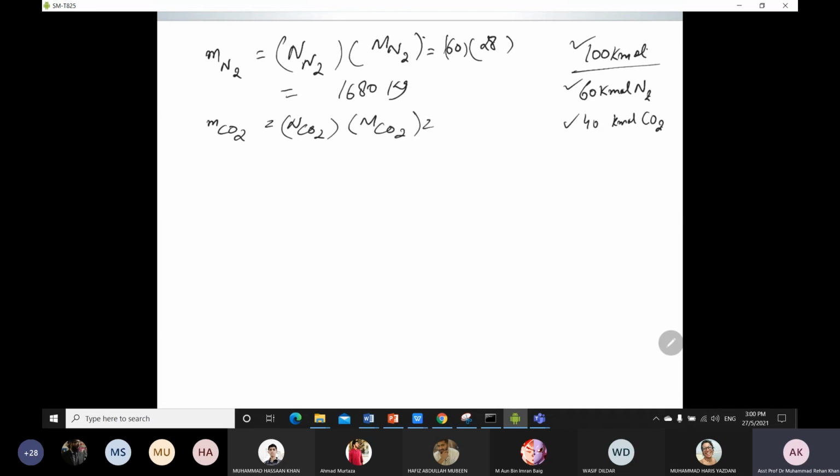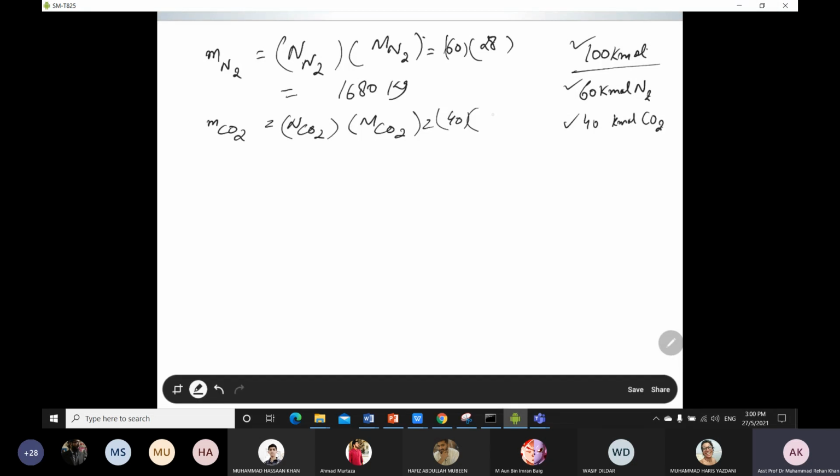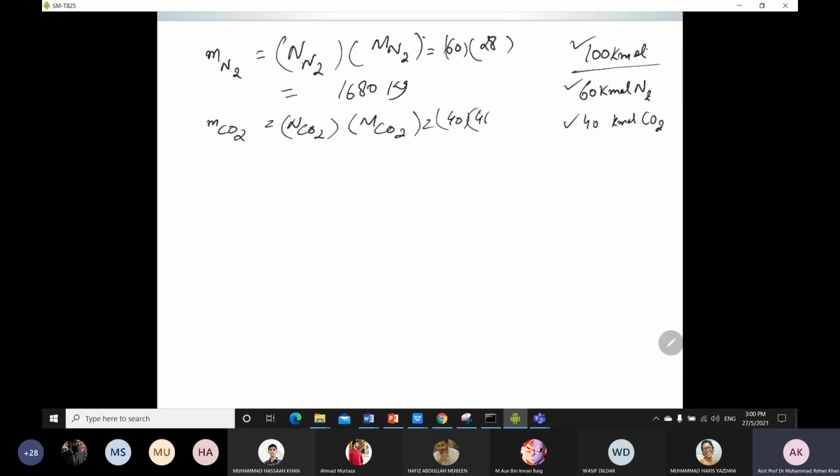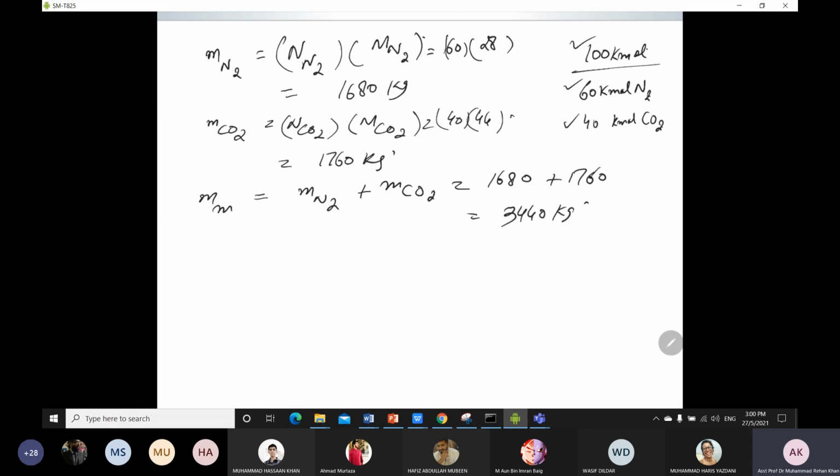Here you multiply 40, the number of moles of CO2, and M_CO2 is 44, which you will get from the thermodynamic table, and it will be equal to 1760 kg. From here we can easily find the mass of the mixture, which is mass of N2 plus mass of CO2. Adding 1680 plus 1760 turns out to be 3440 kg for the mass of the mixture.